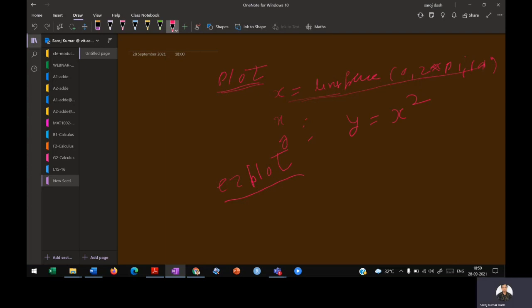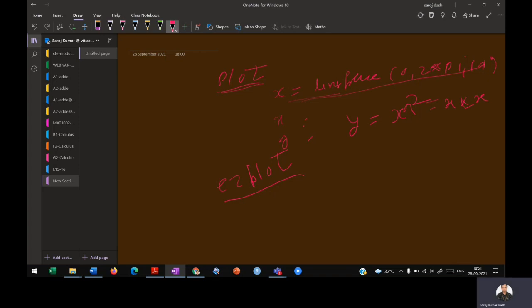When you put x square in general, it will not give y equal to x square, because when you put linspace, it will generate a set of points in matrix form, and x square means basically x star x, where star is matrix multiplication.